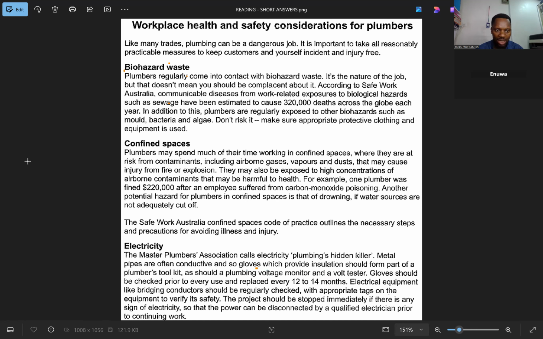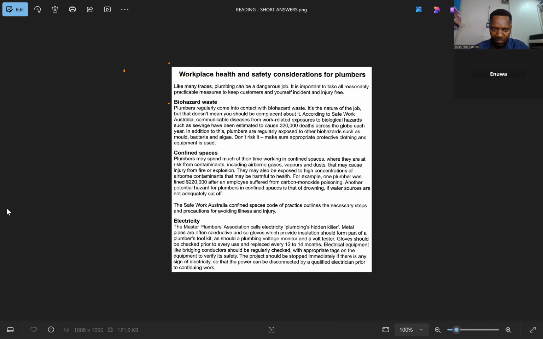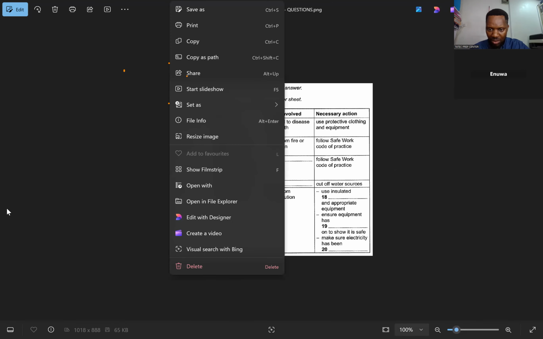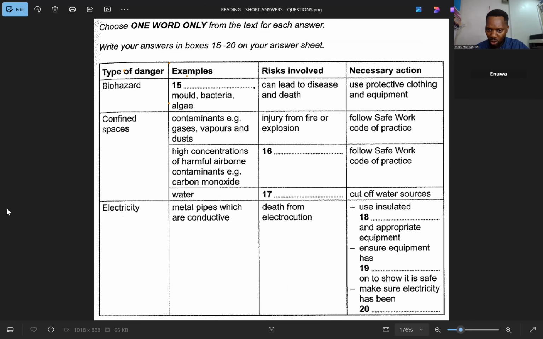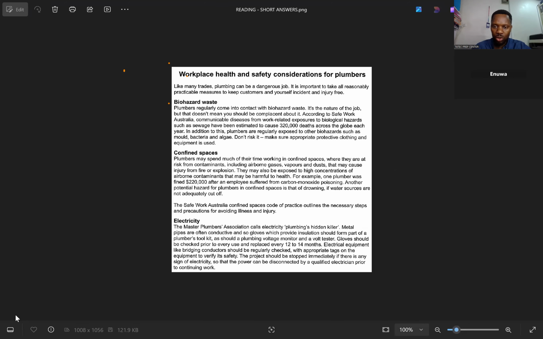Then the next one says, ensure equipment has dash on to show it is safe. So let's quickly go to the passage.